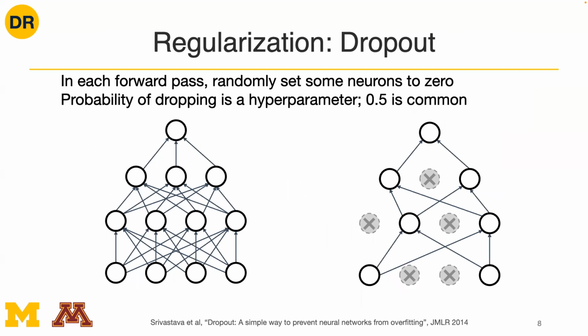One common form of regularization within neural networks is what's called dropout. The idea in dropout is during the forward pass, you'll pick some random set of neurons within your network, and you'll just set them to 0.